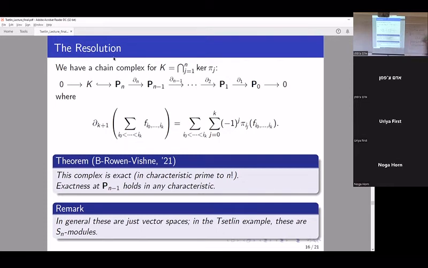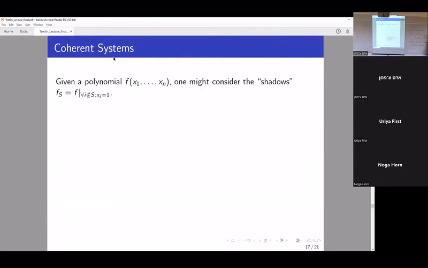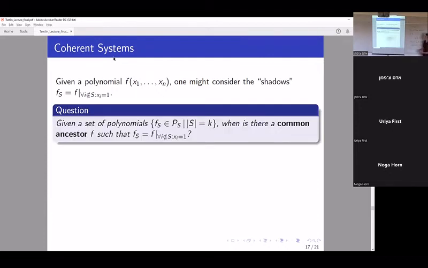So let's see some applications. Okay, so one nice application is as follows. If we have a polynomial, we can just think of substituting one for a given subset of the variables. So we can just choose any element not from S to be 1, and we get some multilinear polynomial in the variables that only appear in S. And then we can ask, if we have such a system, when does it have some big polynomial that explains it?